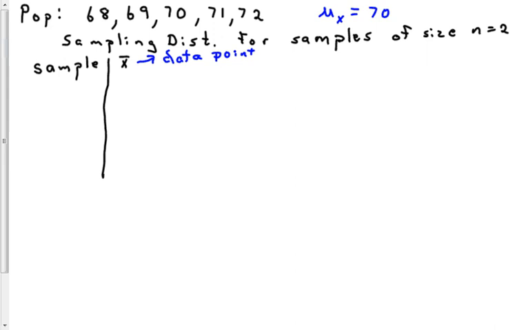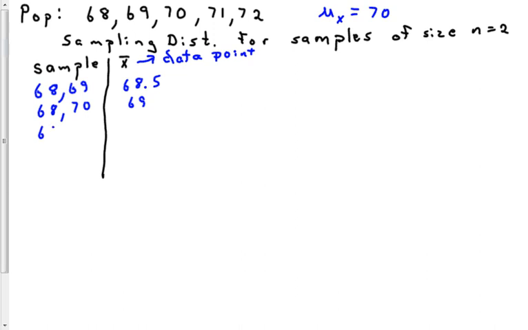So one possible sample would be 68 and 69. That gives us an average of 68.5. That would be one data point. We could sample 68 and 70. Gives us an average of 69.